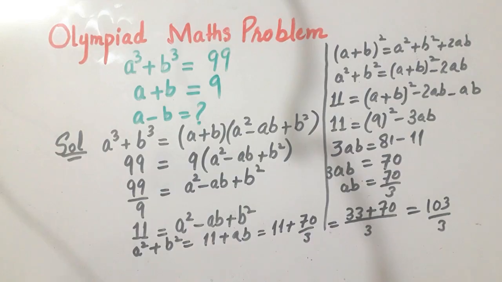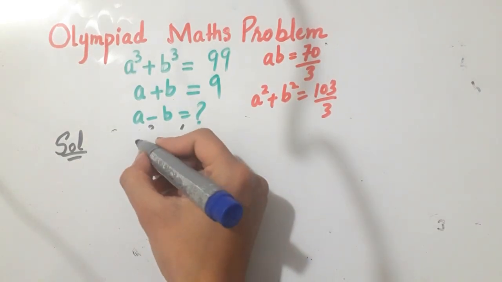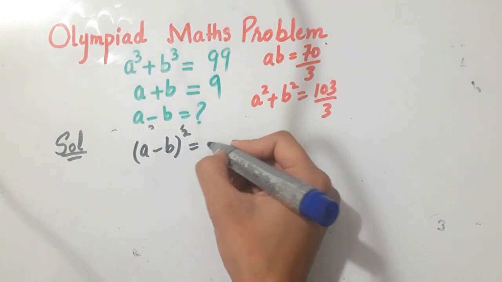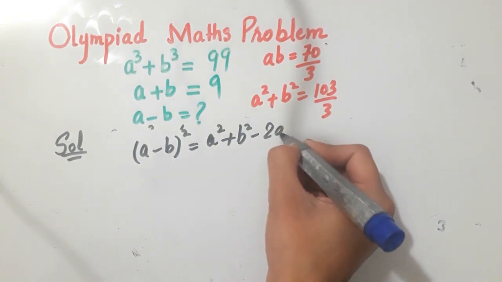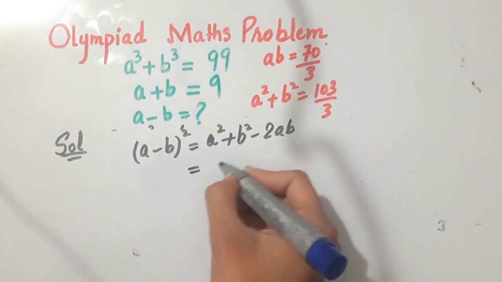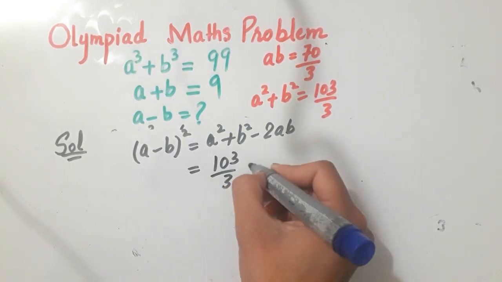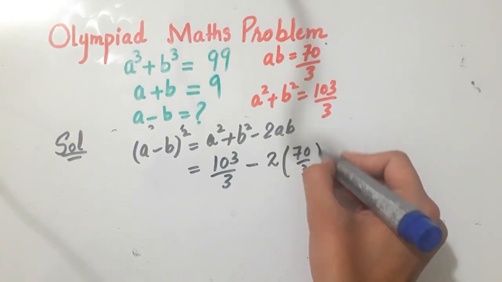Now we will use these values and find the value of a minus b whole square. Now we will apply the values in this formula. A minus b whole square equals a square plus b square minus 2ab. Now substitute values. A square plus b square is 103 by 3, minus 2 into ab, which is 70 by 3.